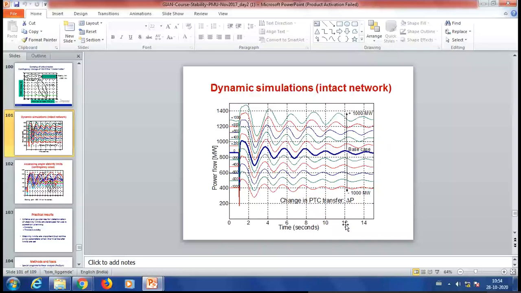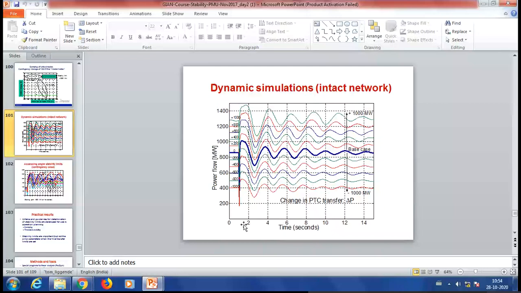But if one disturbance takes place here at 1 second, and you have a poor damping, and the oscillations have not decayed, and then following this first disturbance a second disturbance takes place in the network, and again it is a large disturbance, then it is possible that this oscillation may further increase before it has decayed down.